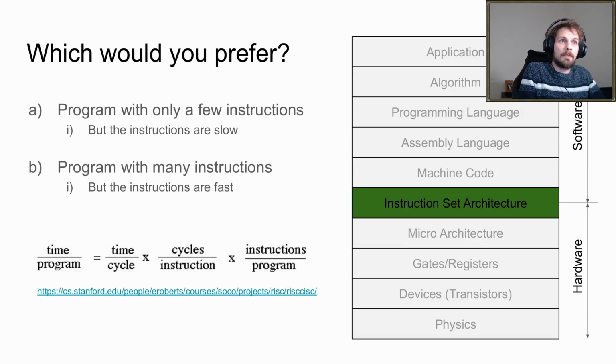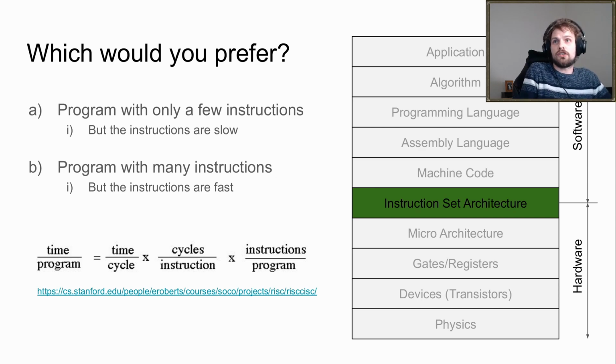We'll see this. So, when you have to choose here, you're going to look at, first of all, how much time is taken for each cycle. This is the clock speed of your program. Then, how many cycles does it take to execute one instruction? And then, how many instructions does it take to implement the program? And all of these parameters are going to be defining in terms of performance.